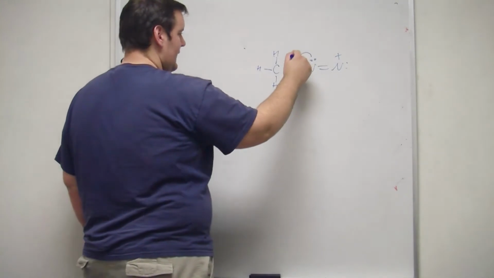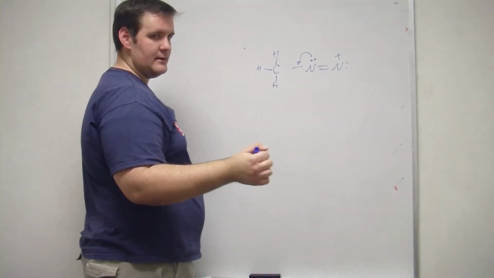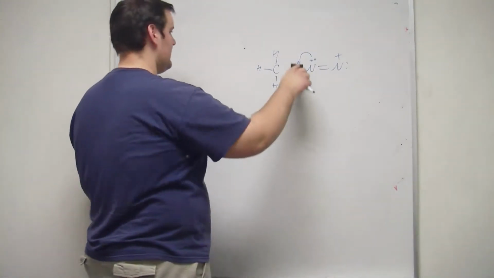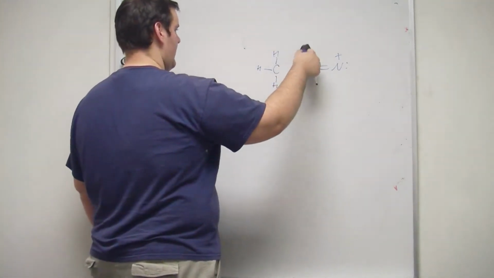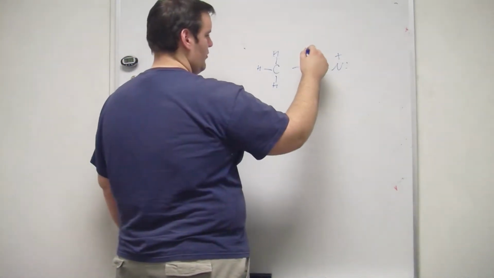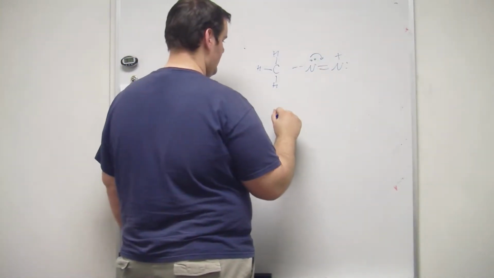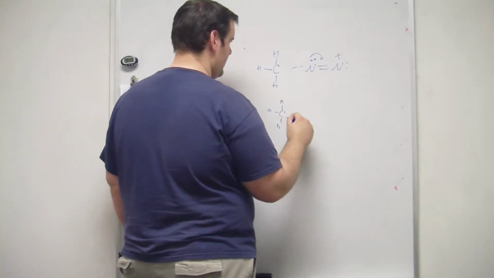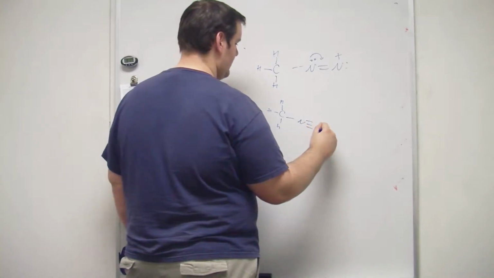One thing you can't do, I can't move this double bond or that lone pair there, because now carbon will have more than 4 bonds, so I can say, okay, that can't work. I could move this one here. I can go that way, which will give me a triple bond here.